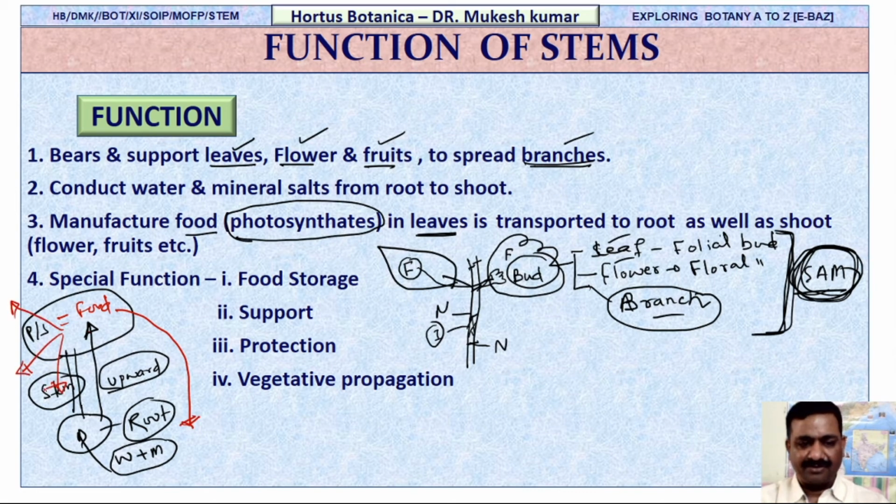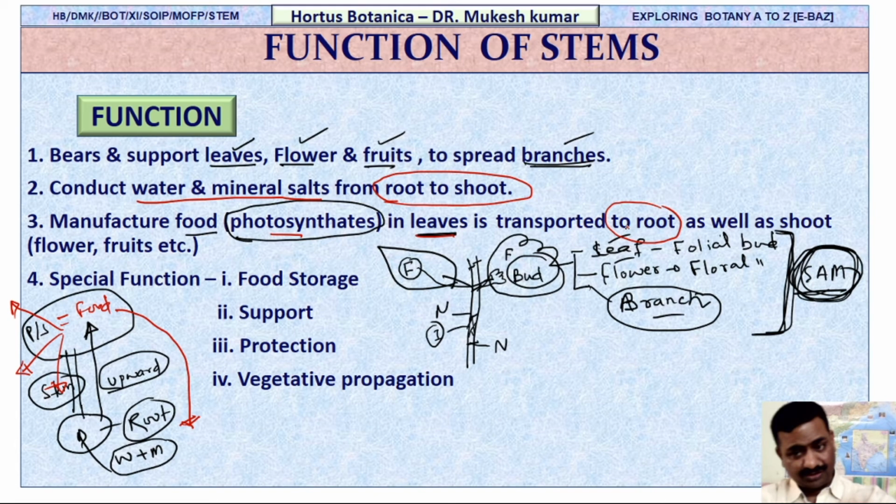food is required. So what we conclude here is, first, conduction of water and mineral salts from root to shoot, which we discussed in the first part. Second, manufactured food, that is photosynthate made in the leaf, is transported from shoot to root, as well as to other shoot systems where the photosynthate is required, and it may be flowers, fruits, or other parts.